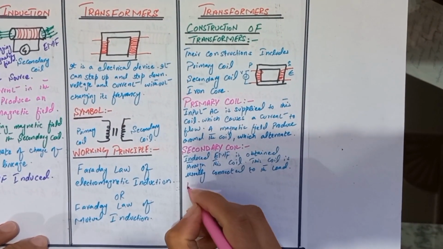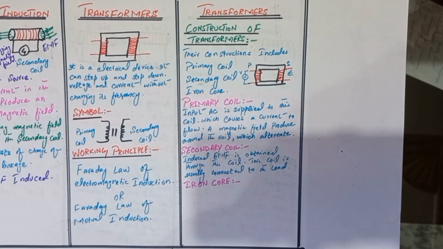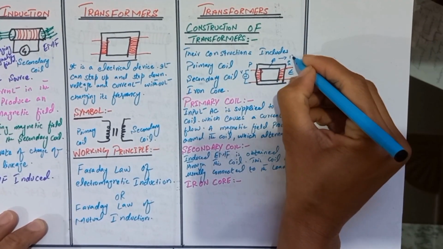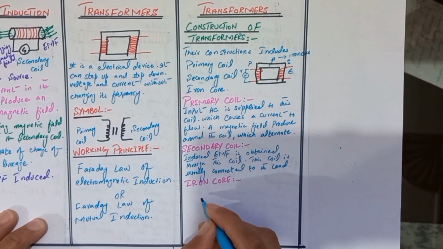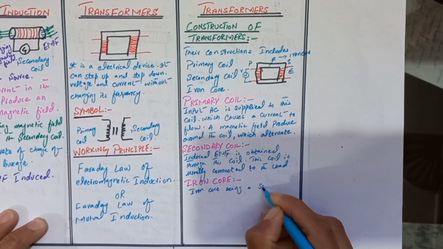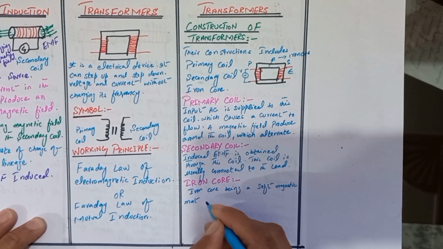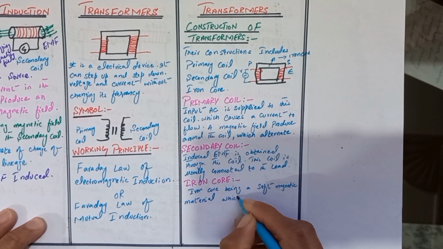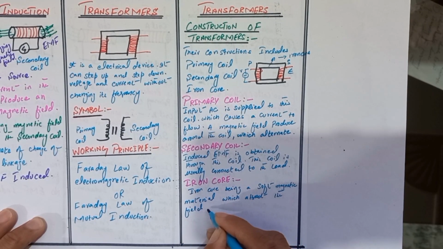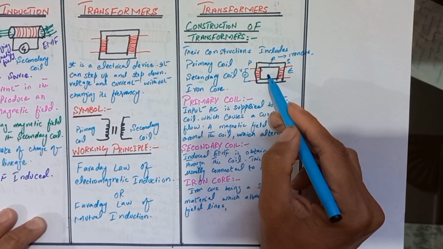Now we discuss the iron core. This is the iron core between these two coils. The iron core, being a soft magnetic material, attracts and carries the field lines created by the current in the primary coil.